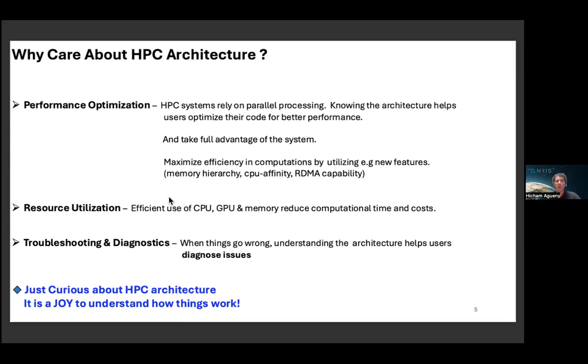Optimal use of resources reduces computational time and also cost. Also, when things go wrong, understanding the architecture of the system helps to make a reasonable diagnosis of issues. Another reason is probably just being curious about how HPC architectures look.